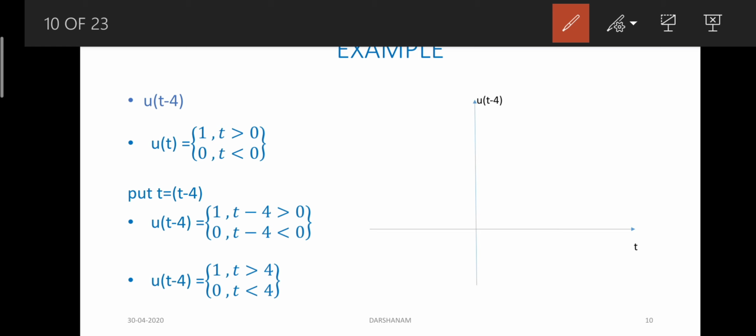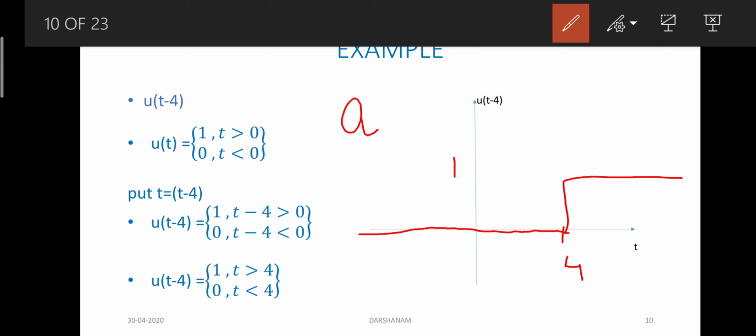And we get that the value of u of t minus 4 is 1 for t greater than 4. Earlier it was a; here we have a value, that is 4. For t greater than 4 the value is 1 and for t less than 4 the value is 0. This is the waveform for u of t minus 4.